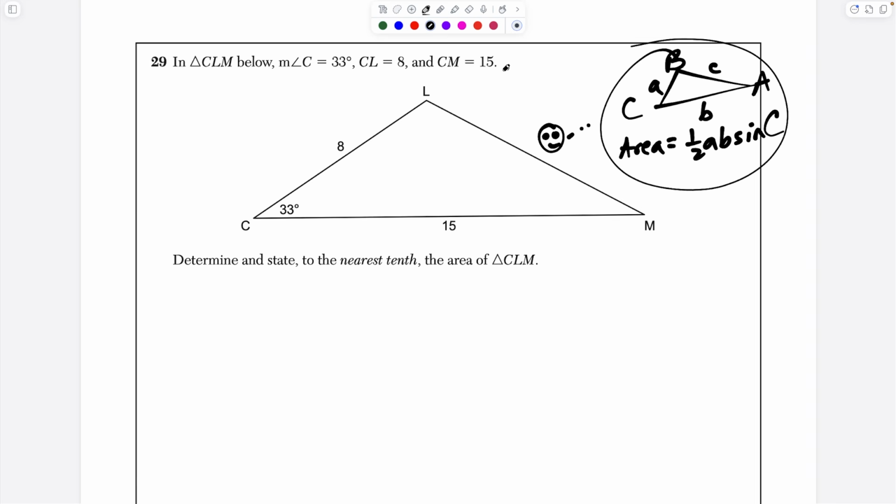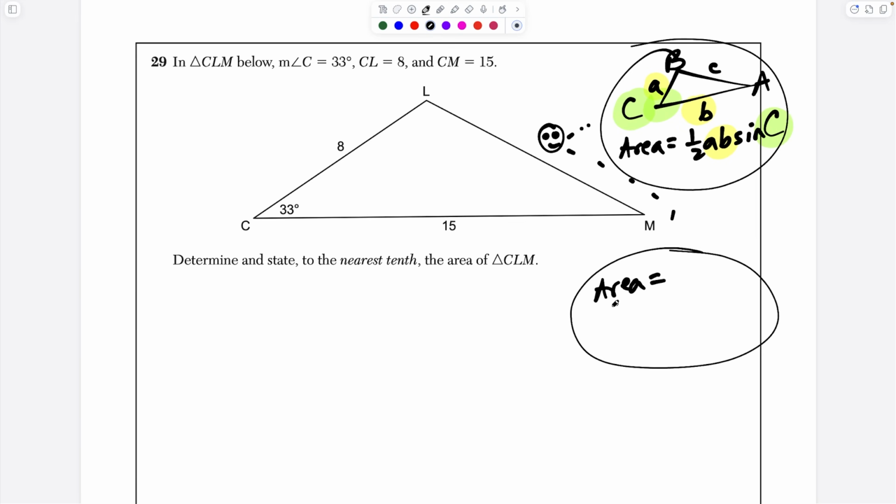So the way I like to think of this formula, though, that I think helps with all of these questions, is instead of saying 1/2 ab sine C, I say, okay, the two sides here and angle C is the angle between those two sides. So a nicer way to read this formula so that you could do this no matter what the name of the triangle is, because notice, this is triangle CLM, not triangle ABC.